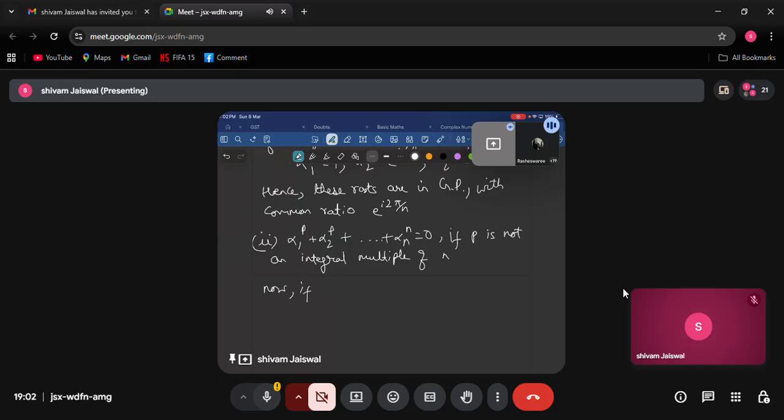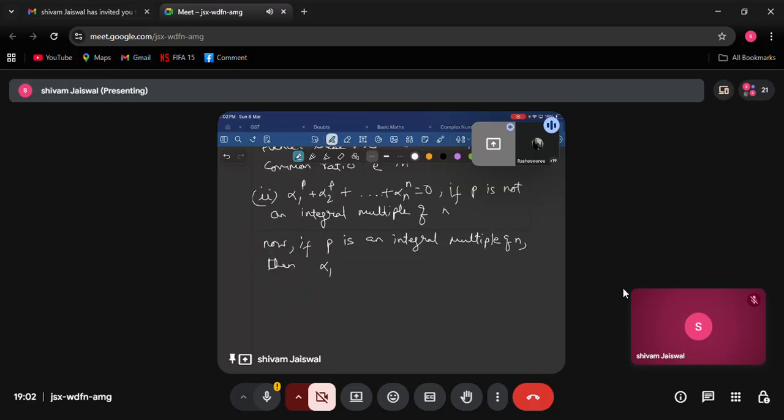Now if p is an integral multiple of n, then what will happen? Alpha 1 to the power p will be equal to e to the power i 2 pi k n divided by n, which will be equal to 1. So all of them will become 1. Can you understand? If p is an integral multiple of n, all of them will become 1.